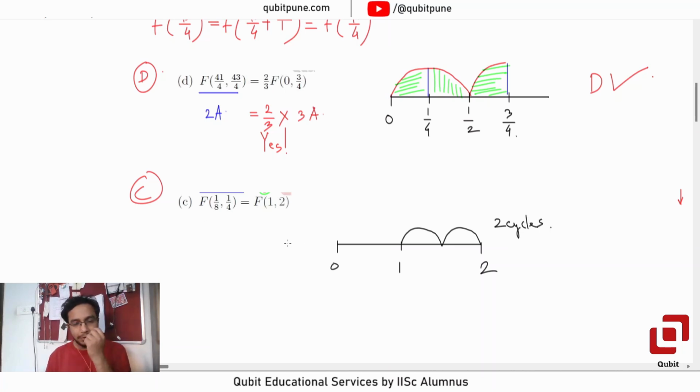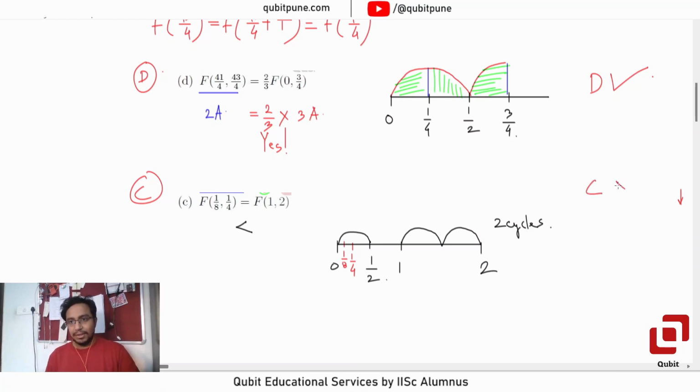But 1 upon 8 to 1 upon 4, how is that doing? This is 1 upon 2. So this is one cycle between 0 and 1 upon 2. But we have got a smaller interval, so the area will definitely be smaller. 1 upon 4 will be here and 1 upon 8 will be somewhere here. So clearly C is not going to be right.